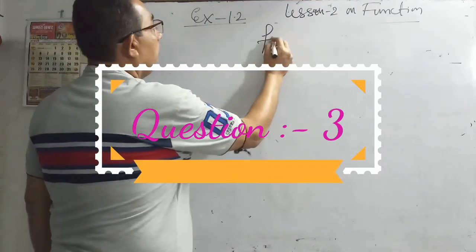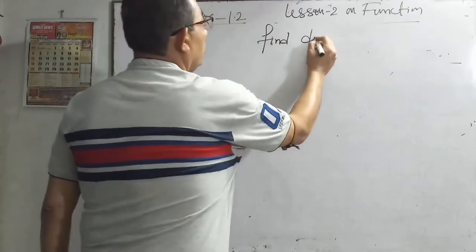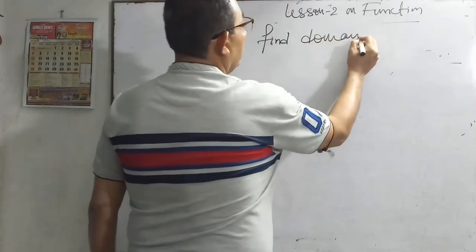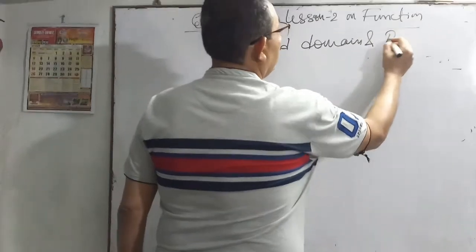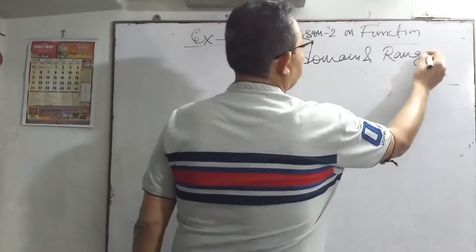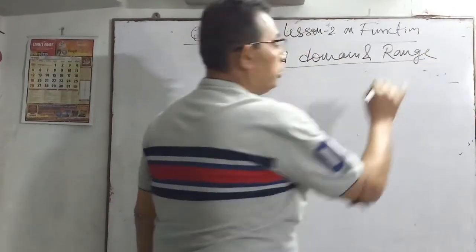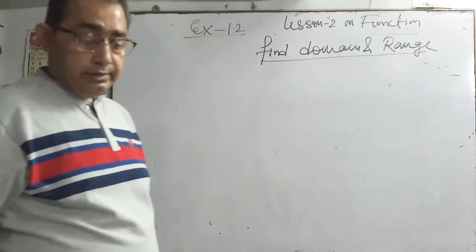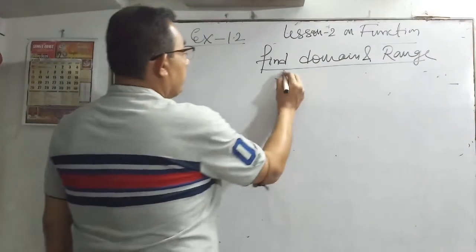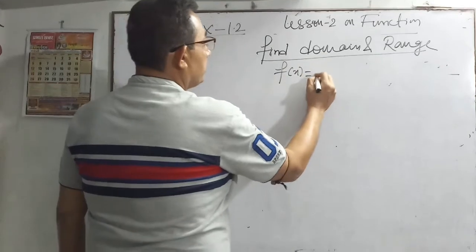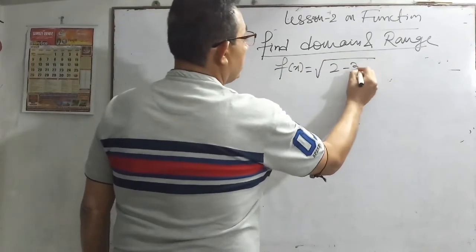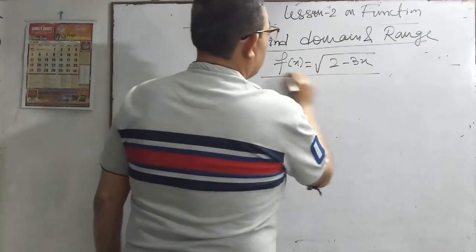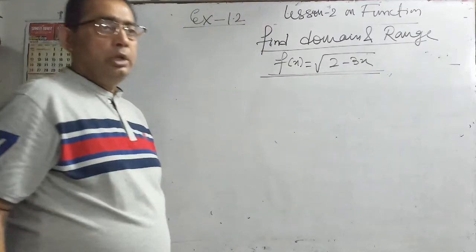Now find domain and range. Find domain and range. f(x) = square root of (2 − 3x). This is your question.